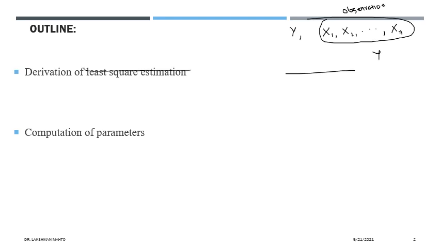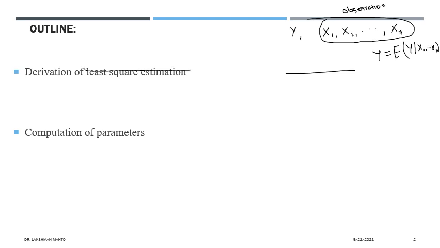So one estimate of y is given by the regression function, which we are calling the conditional expectation of y given x1 up to xn. So this conditional expectation is an estimation of y.